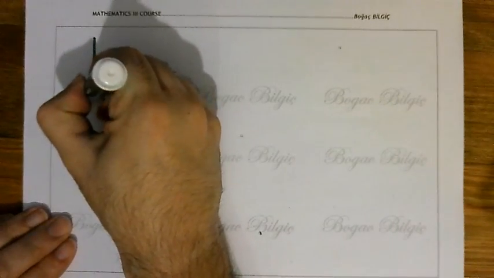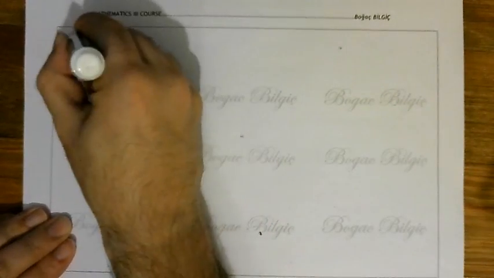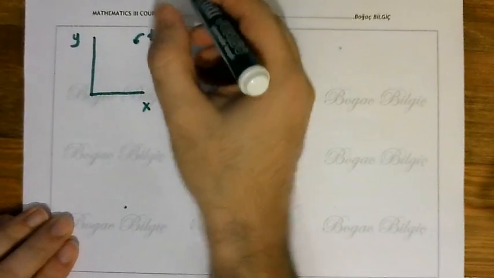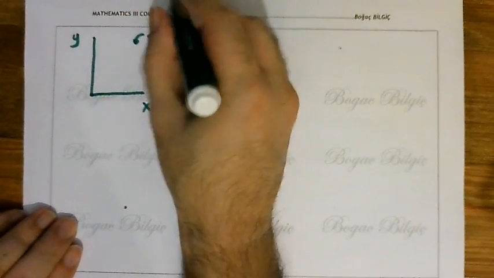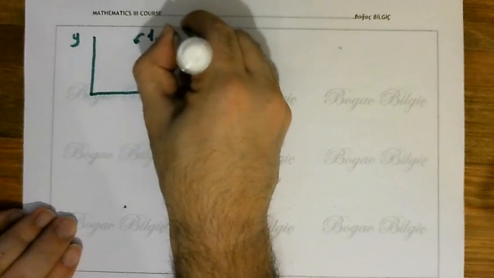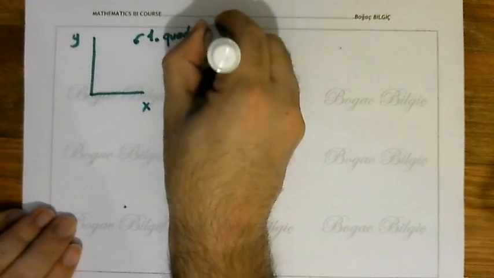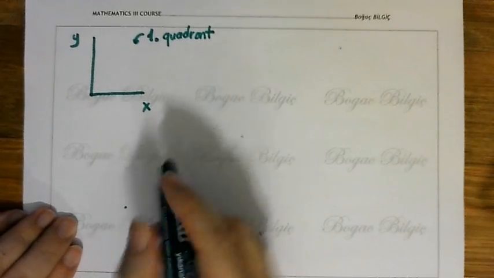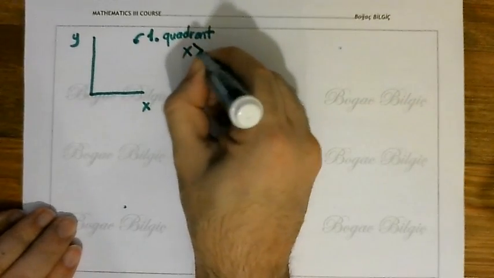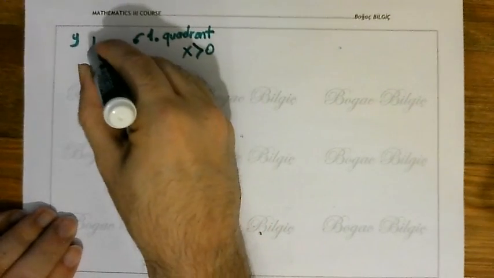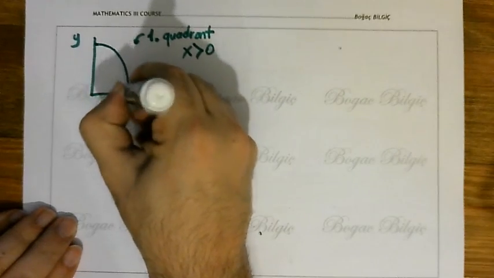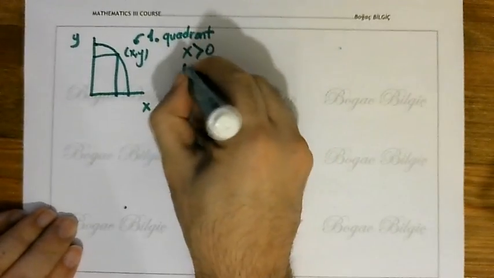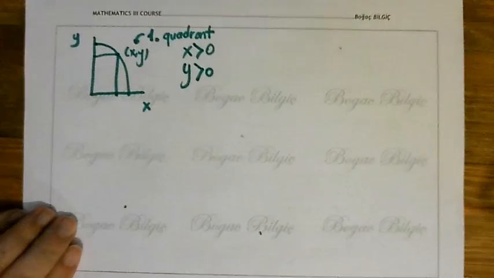In the first quadrant, x is bigger than 0 and y is bigger than 0.